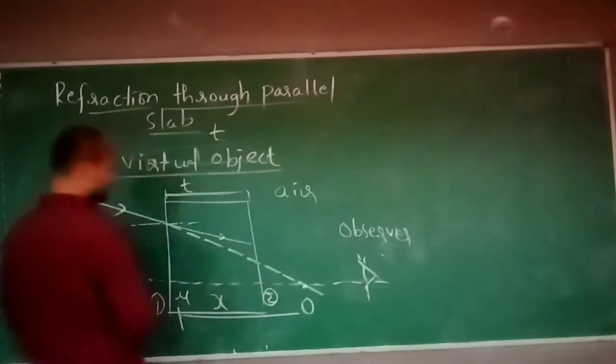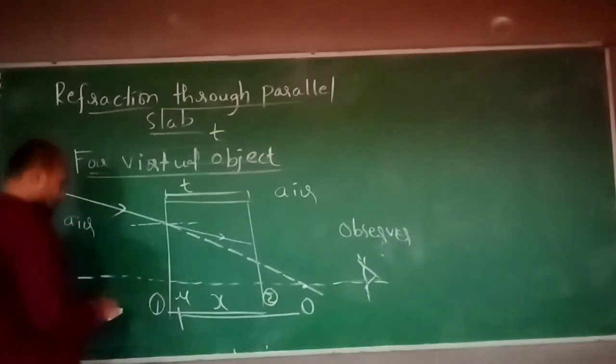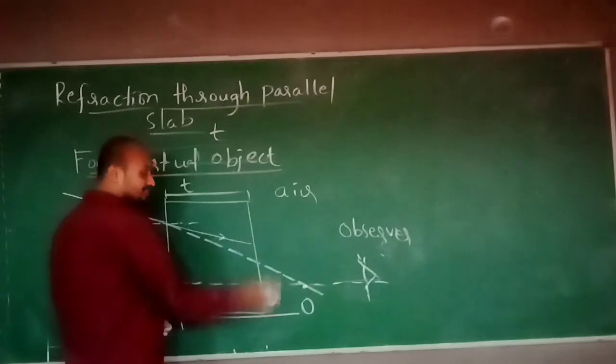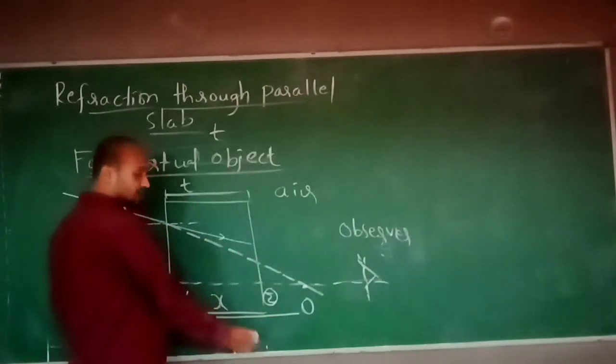Now the first refraction is happening through surface 1. When you see that first refraction which is happening through surface 1, imagine the second surface was not there.